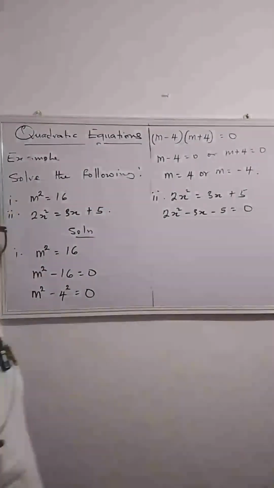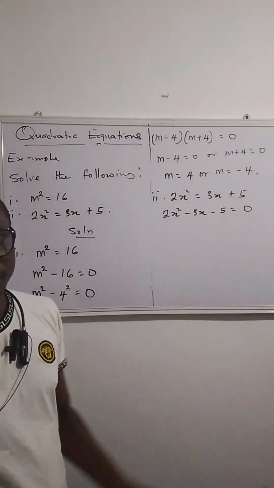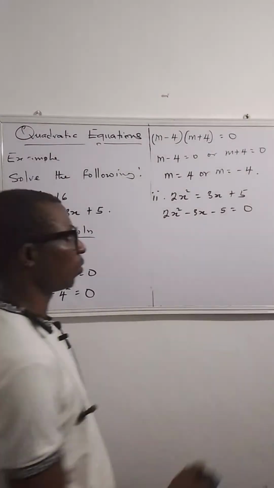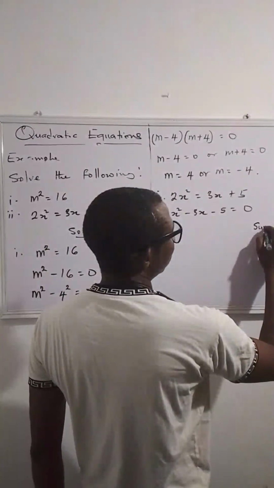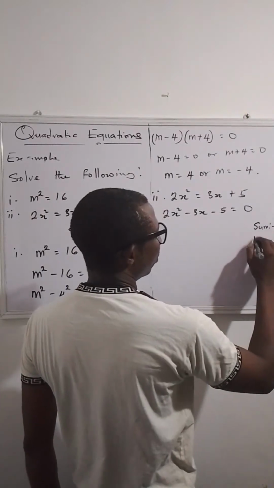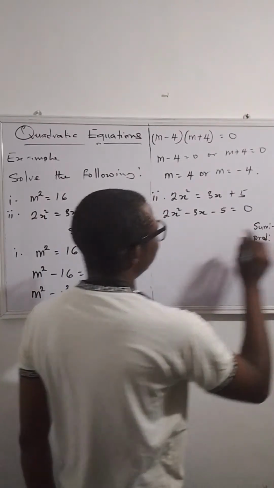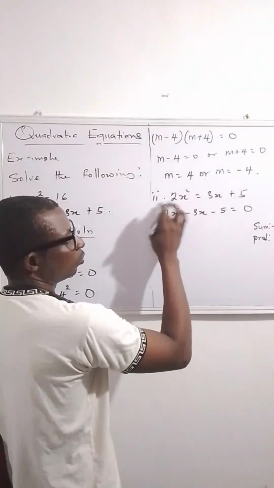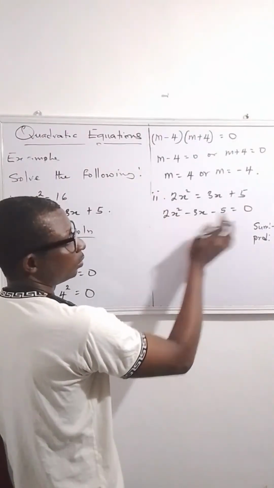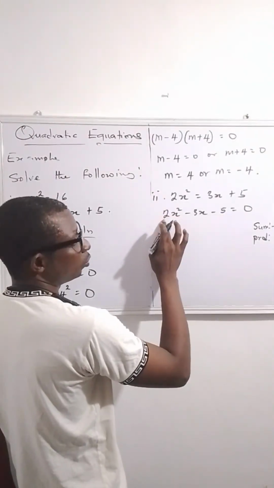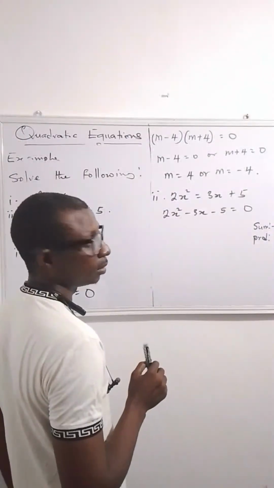So that is what we have. Now you can locate the sum and product. So what is going to be the sum? The sum is minus 3 and the product is what? Don't forget the coefficient of x squared here, 2, use it to multiply this. So that's going to be 2 times minus 5.